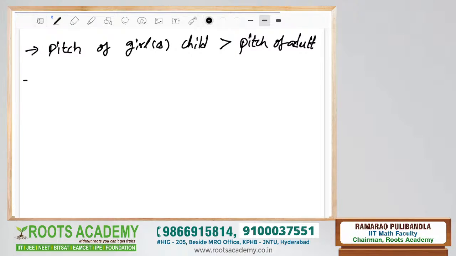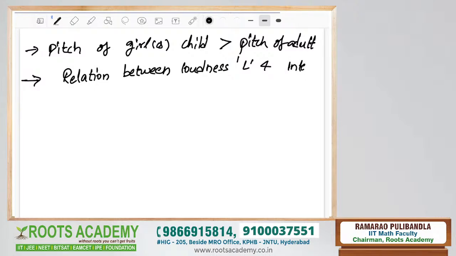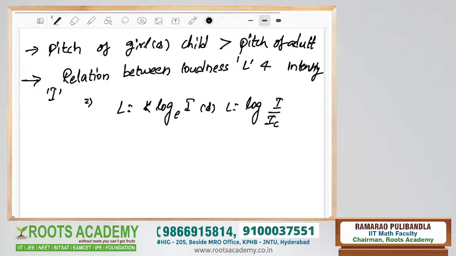And next, the relation between the loudness and the intensity is defined as follows. The relation between the loudness L and intensity I is defined as L is equal to K into log e into I, or L is equal to log of I divided by I naught.